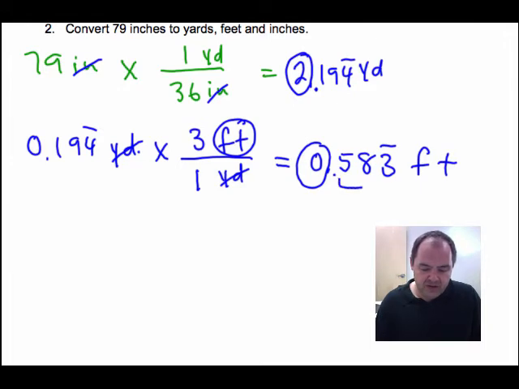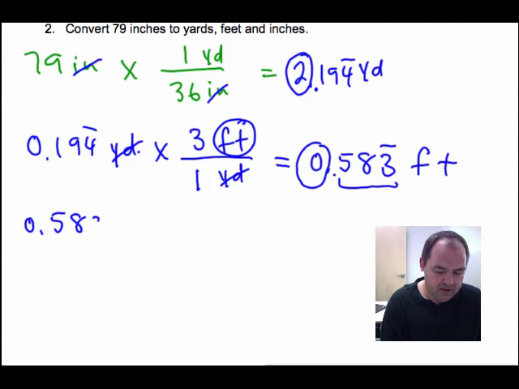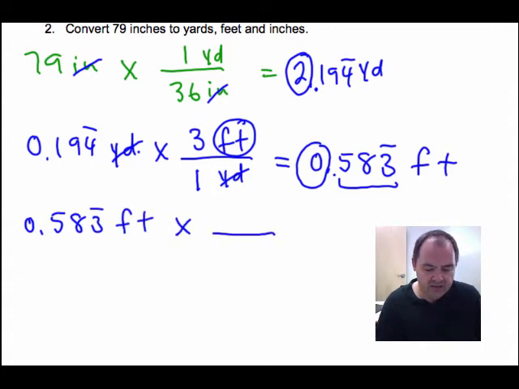Alright, we'll take the fractional bit of that, this number of feet, and we will convert that into our last unit that we're asked for, which is inches. So a conversion between feet and inches. From the formula sheet, we see that 1 foot is 12 inches.